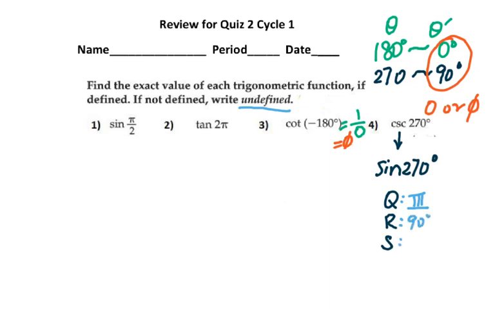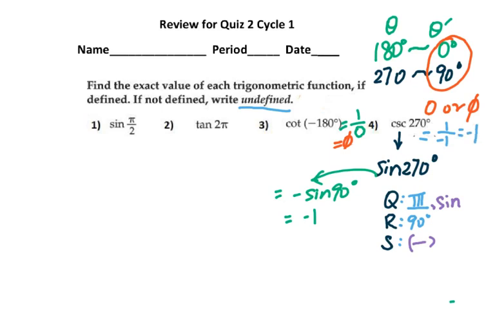Then for sine in the third quadrant, we know that will be negative. Therefore, I can write sine 270 equals negative sine 90, which means negative 1. Therefore, cosecant 270 equals 1 over negative 1 equals negative 1.